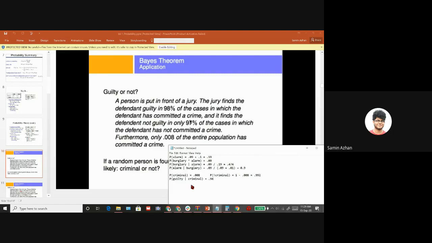That's 0.98. Now, similarly, we can find the probability of not guilty given the person is a criminal. That's going to be 1 minus 0.98, which will be 0.02.